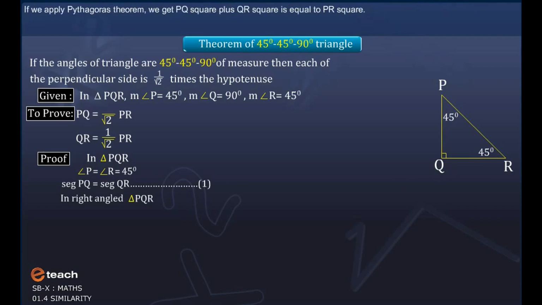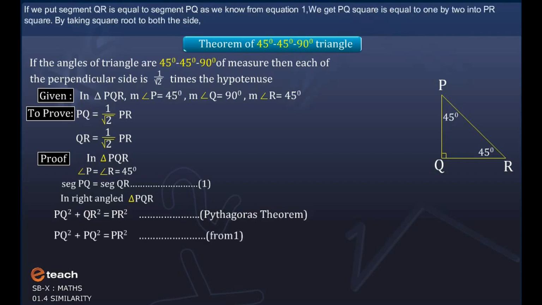If we apply Pythagoras theorem, we get PQ square plus QR square is equal to PR square. If we put segment QR is equal to segment PQ, as we know from equation 1, we get PQ square is equal to 1 by 2 into PR square.